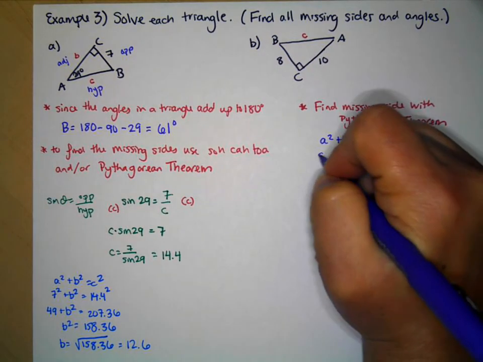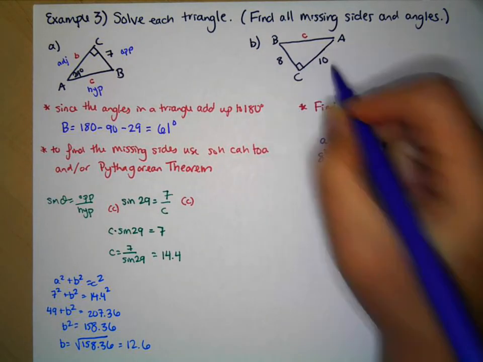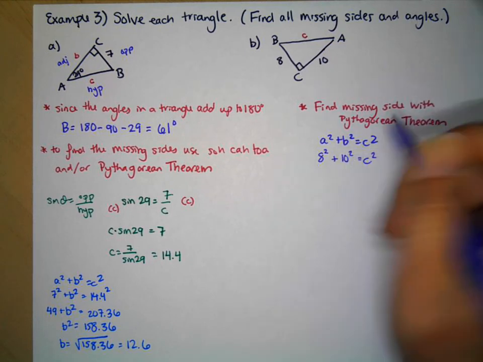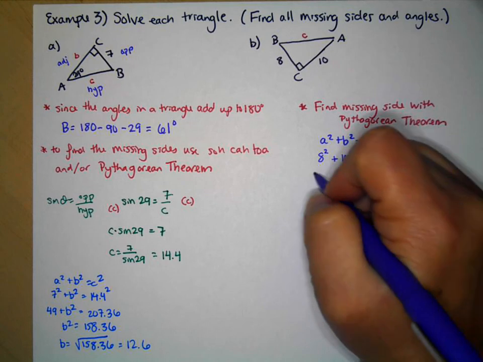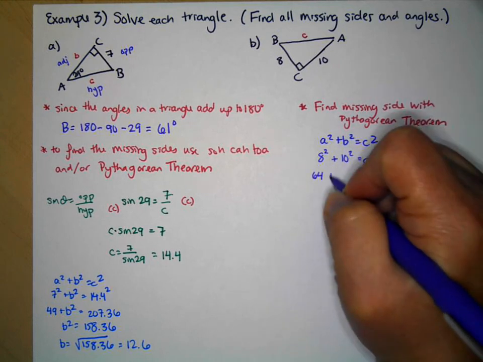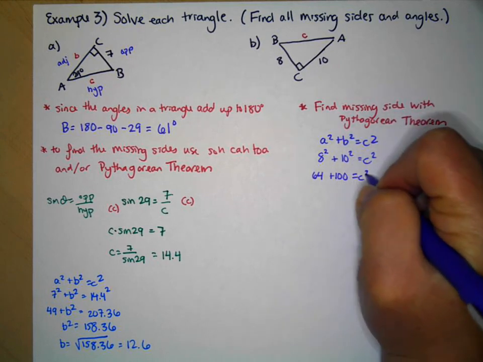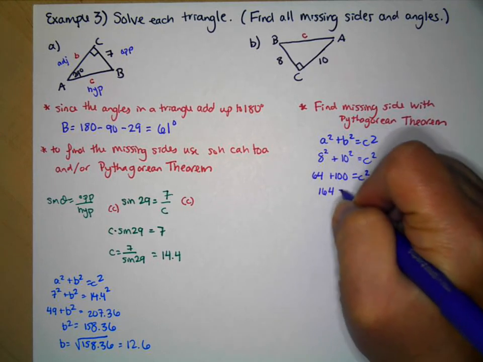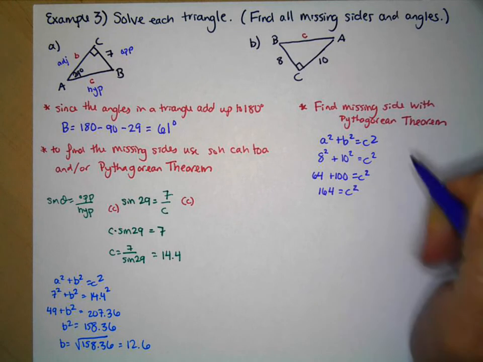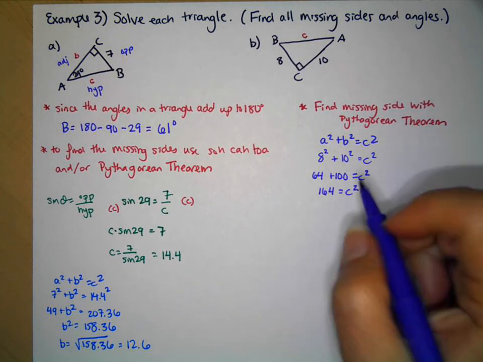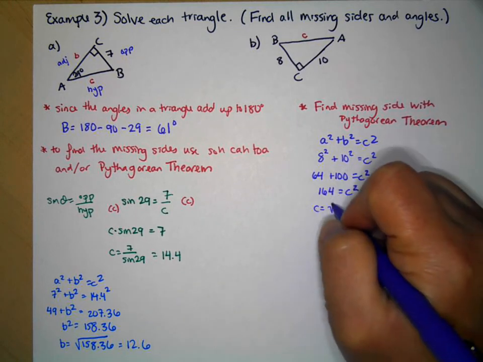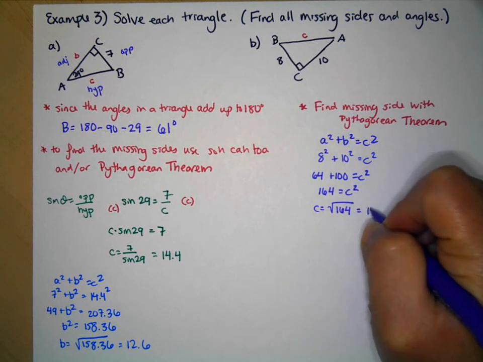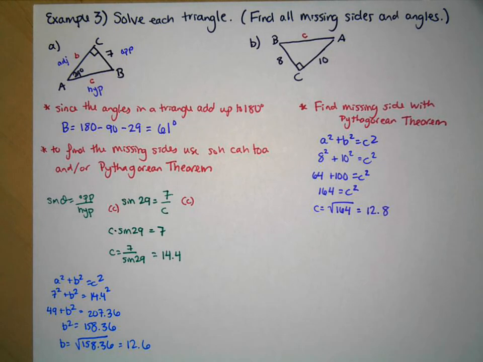Side A is 8 squared plus side B is 10 squared is equal to C squared. 8 squared is 64. 10 squared is 100. 64 plus 100 is going to give us 164 equals C squared. And to undo squaring something, you would take the square root. So C equals the square root of 164, which is about 12.8.